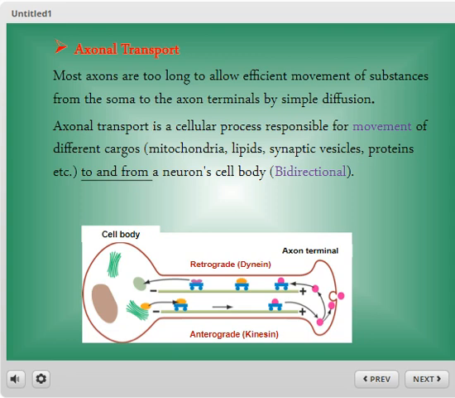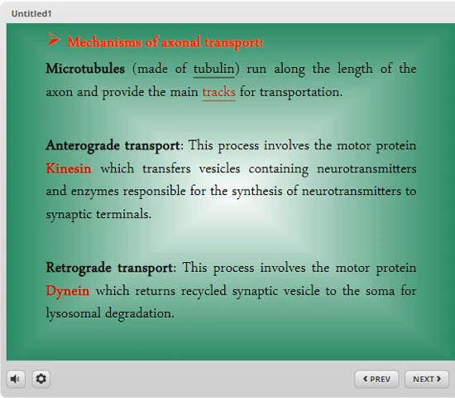And when the cargoes move from the axon terminal to the cell body, this movement is retrograde. In the axon, the microtubules made of tubulin run along the length of the axon and provide the main tracks for transportation. We have two types of the axonal transportation: anterograde transport and retrograde transport.